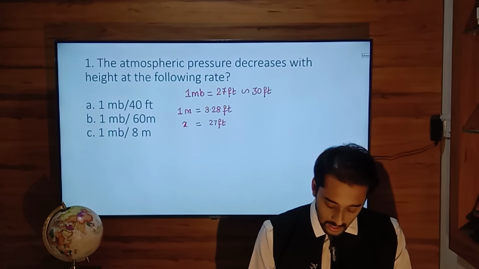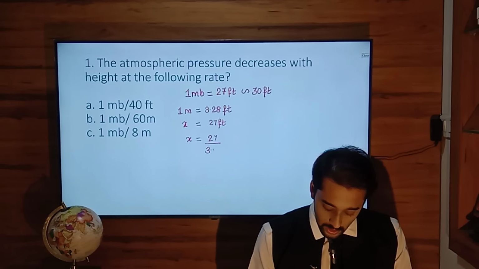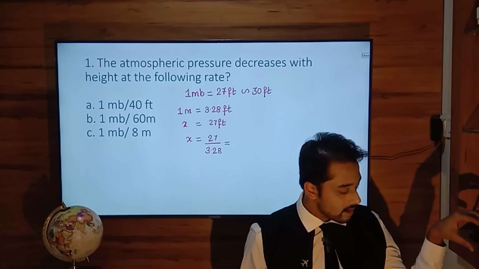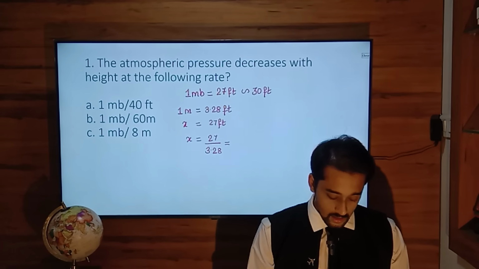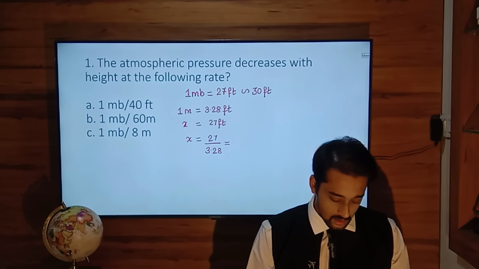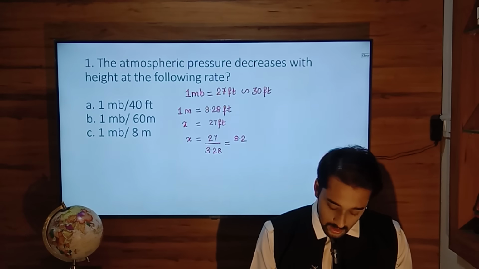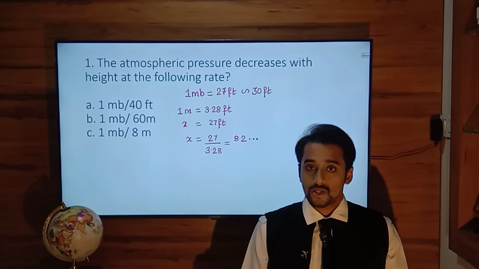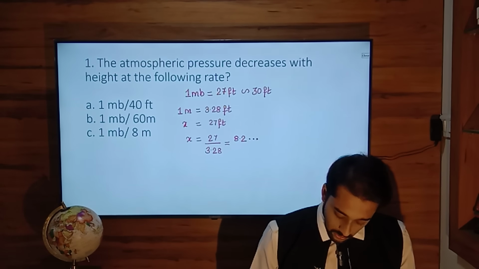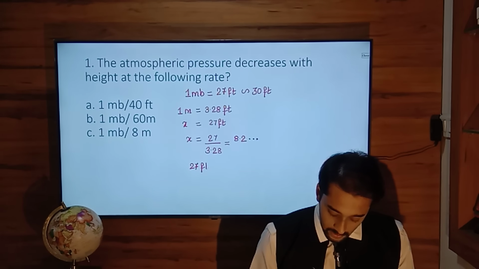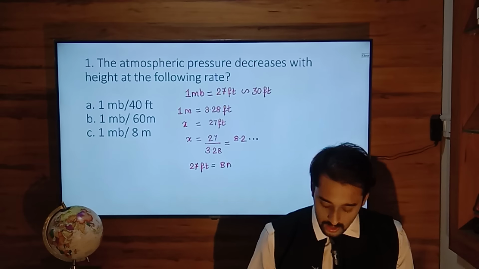Cross multiply: 27 divided by 3.28. That will give you an answer of 8.2 something. So 27 feet is approximately 8 meters.